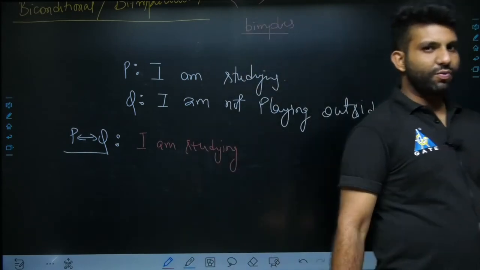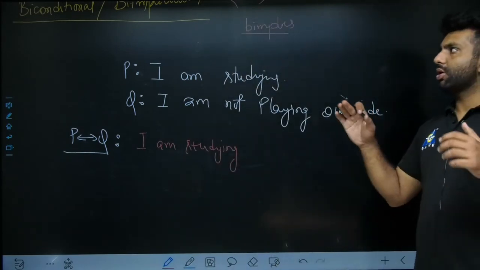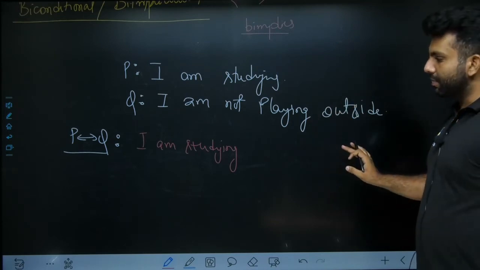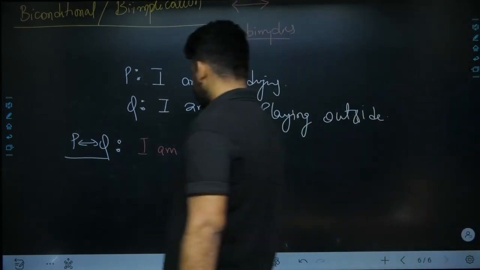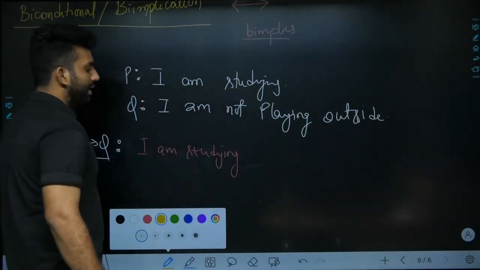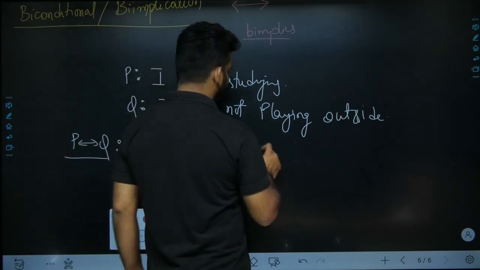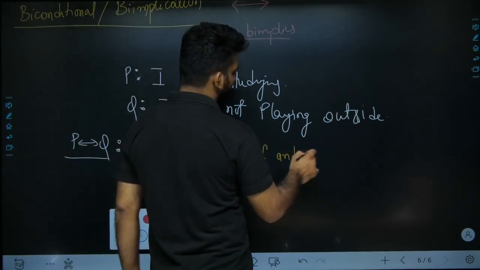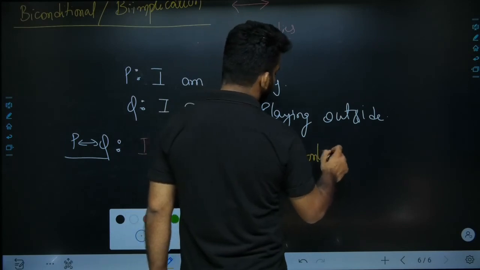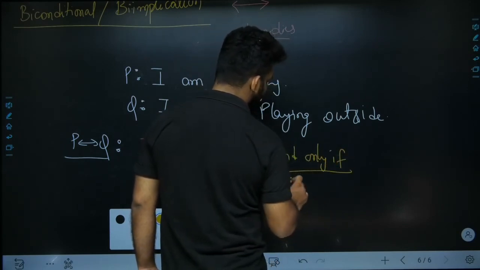In English we will be using some phrases or set of words to denote the conditional and biconditional separately. Let me first introduce for the biconditional: if and only if. In short, it can be written like this, IFF.